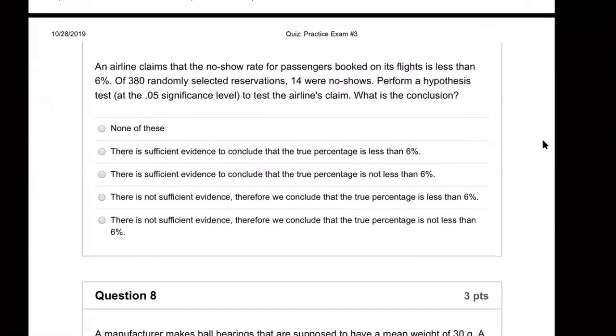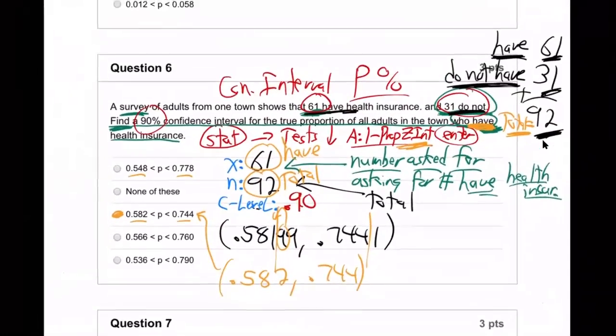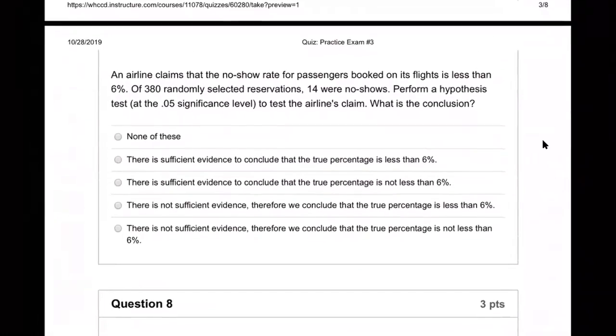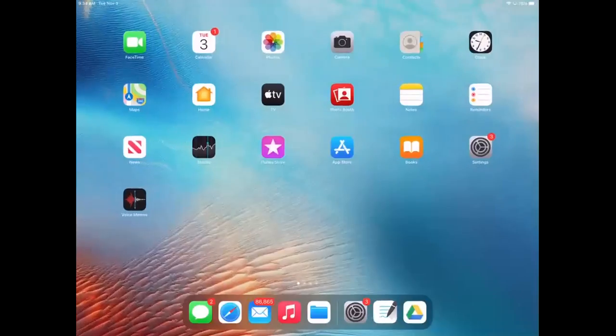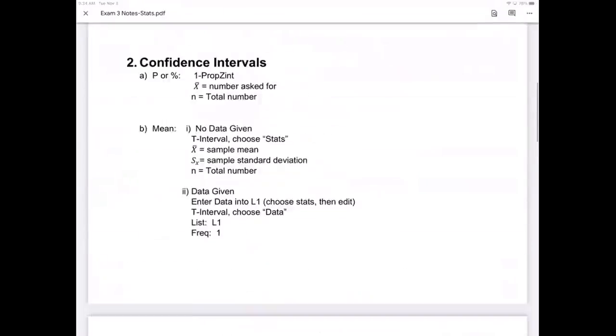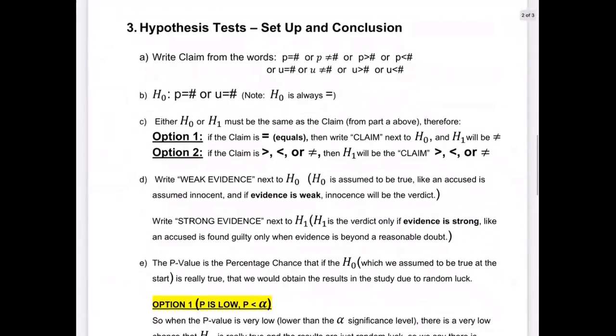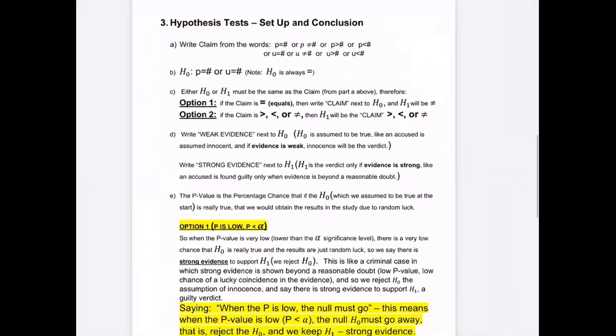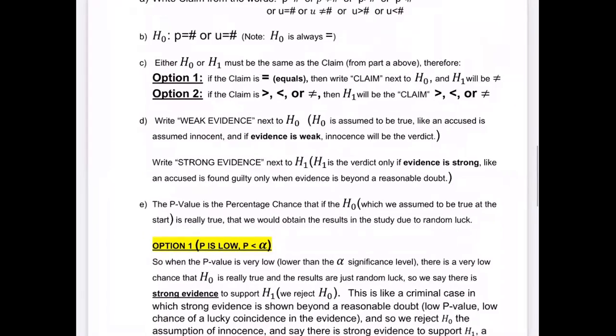Well, what we have to do, oh, wait a minute, let me come on down here. What we have to do is go to the notes. So let's look over here at the notes. I'm on the exam 3 notes, hypothesis test setup and conclusion. Here it is, and we're going to get all that on the screen. Probably too much.